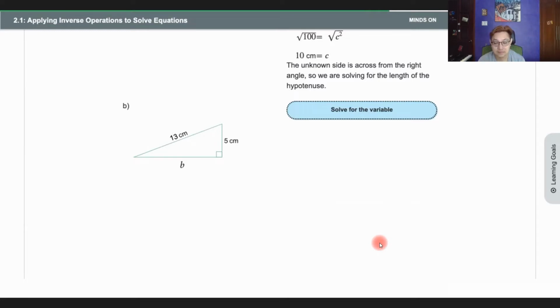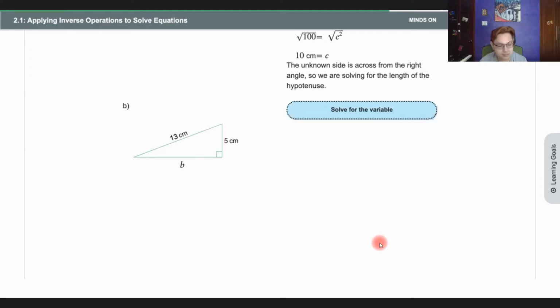Then you multiply it by itself, 13 times 13 is 169. And 5 multiplied by itself is 25.